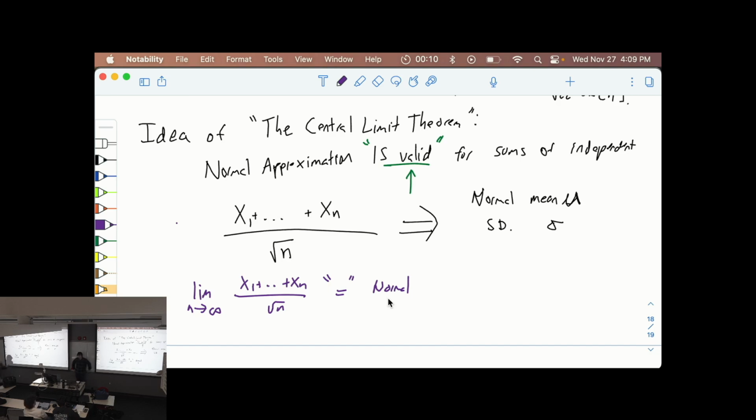And first of all, essentially you rarely take a sample that is tending to infinity. So it's generally a lot smaller than that. And then the question is, how small can it be? And it really gets down to how non-normal are the underlying random variables, the distributions of those underlying random variables.